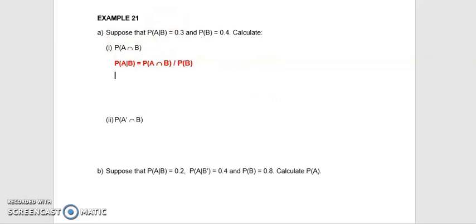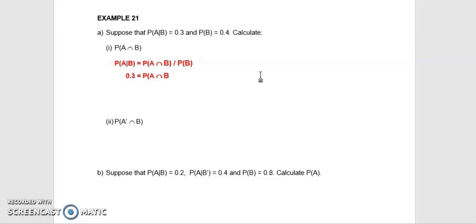Okay, substitute the values. A given B is 0.3, so we want to find probability of A intersect B divided by probability of B, which is 0.4.